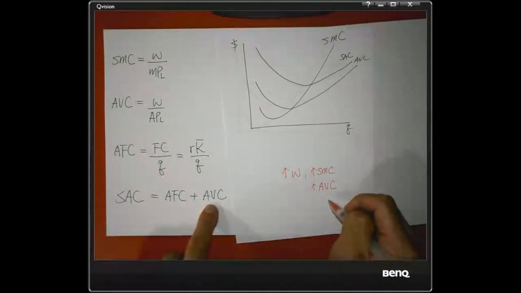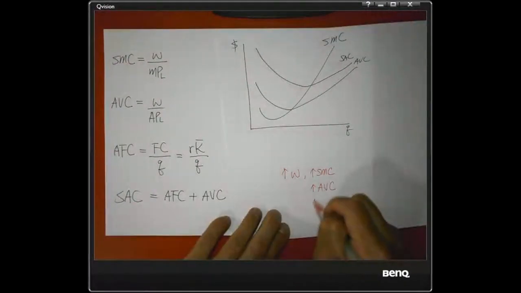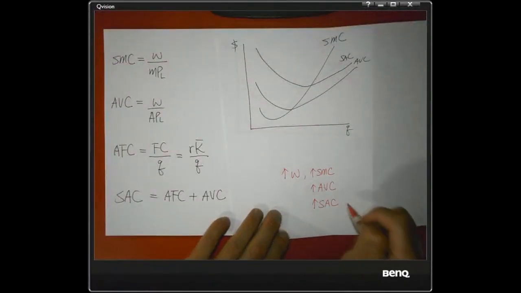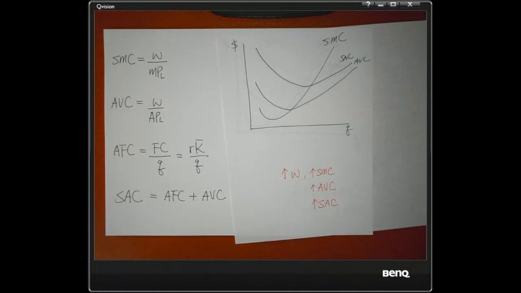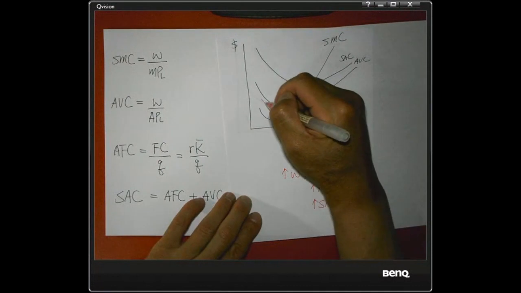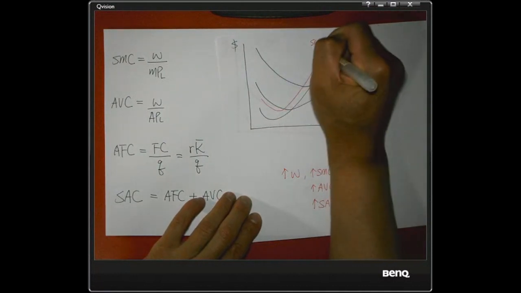And when you change the average variable cost, it will also change the short-run average cost. In other words, changing the cost of labor input per unit shifts all these 3 cost curves up.